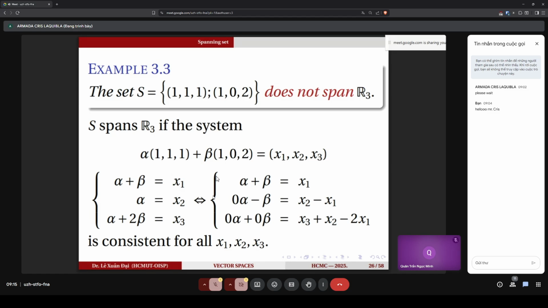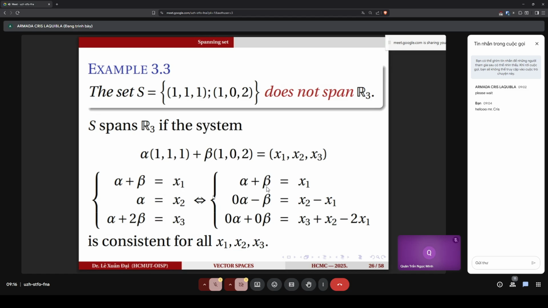Again, it's up to you what variable you want to use. We can use any variable we want to. Next, we have this one. First, alpha plus beta is equal to x sub 1. Alpha is equal to x sub 2. Here, alpha plus 2 beta is equal to x3.